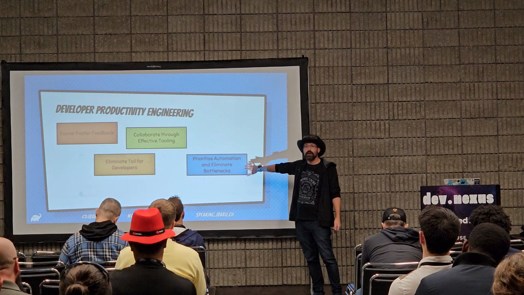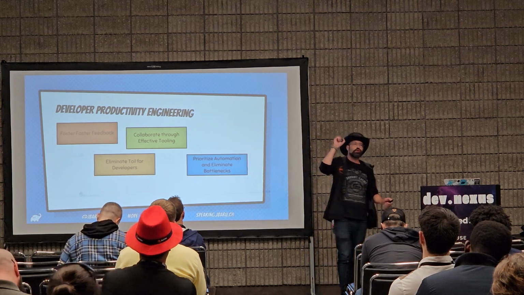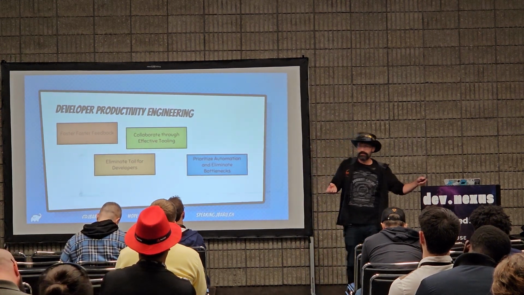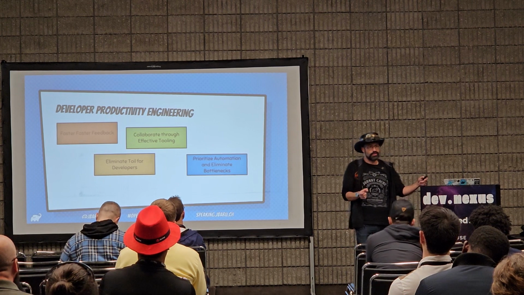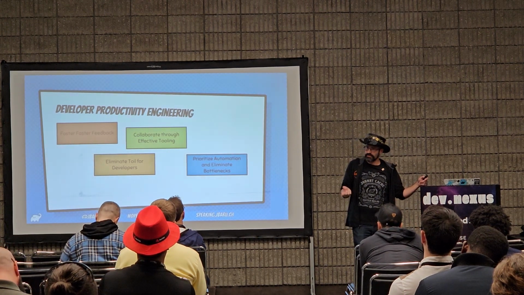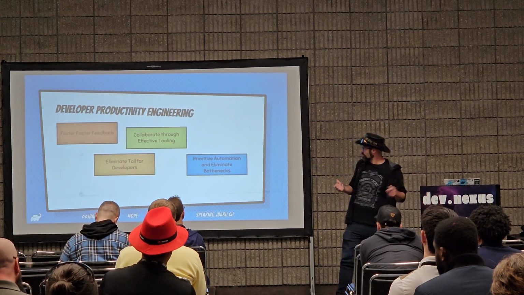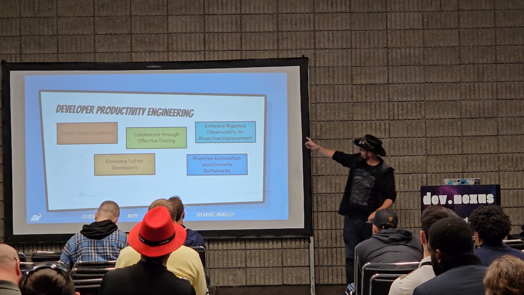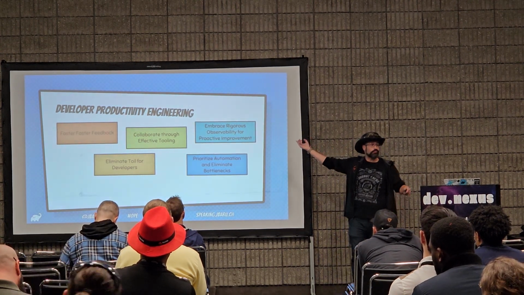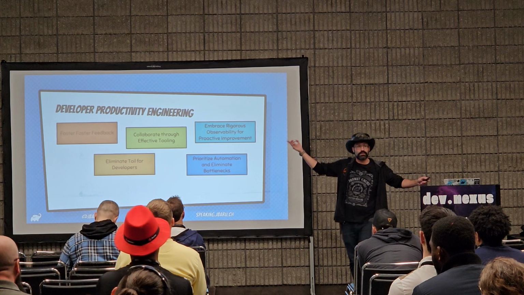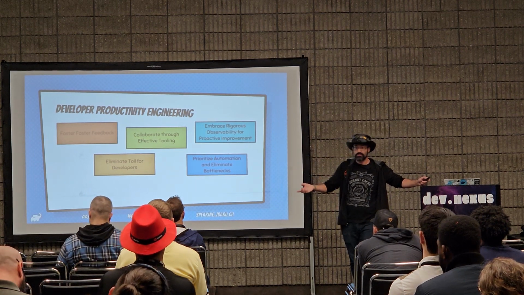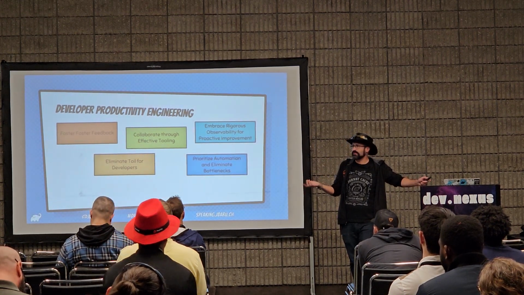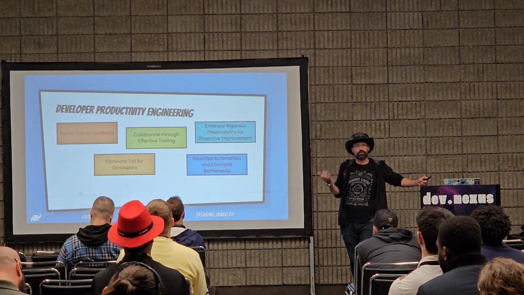But how about doing that for your development and not only for your production? Did you think about that? Probably didn't. You should. Embrace rigorous observability and proactive improvement. Another very DevOpsy tenet. We have great observability for production. Observability for your development tools.